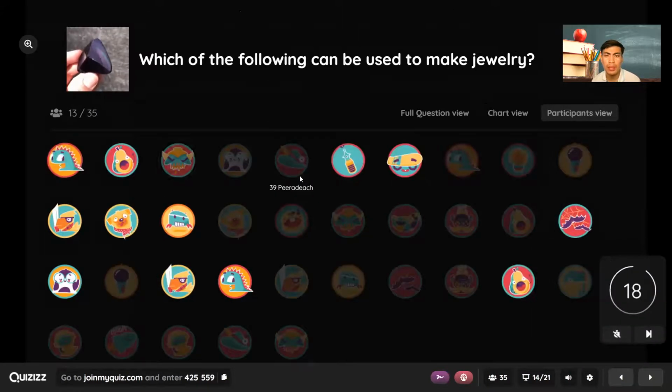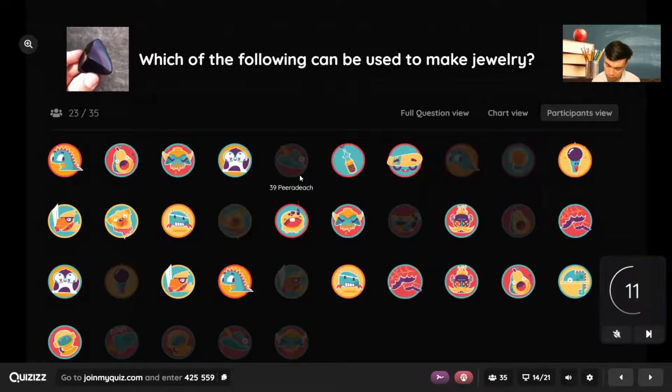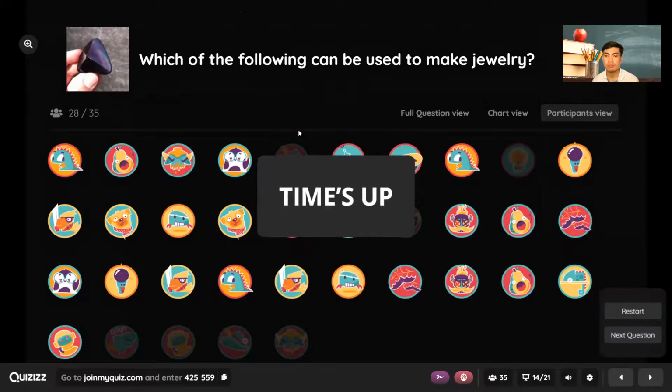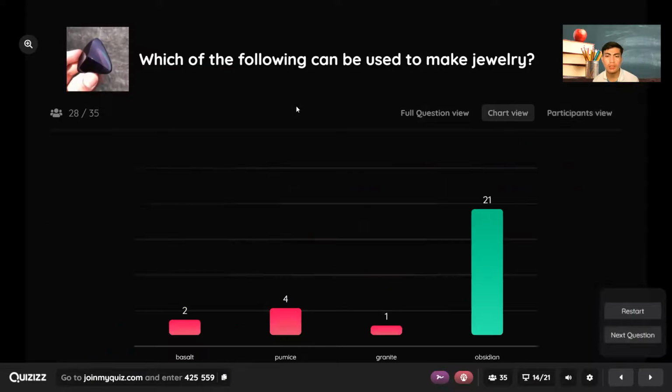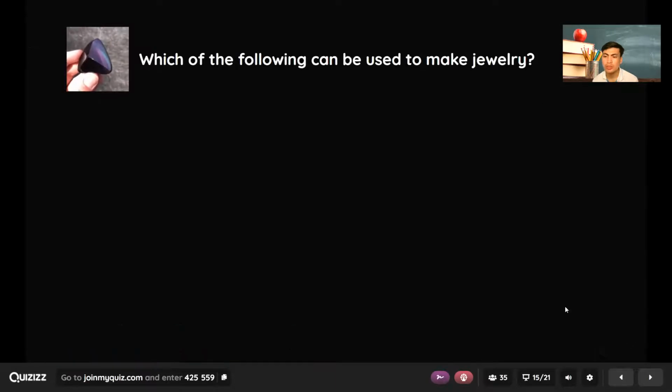Which of the following can be used to make jewelry? All right, so let's see. Are there any changes in the leaderboard? Okay. Next question.